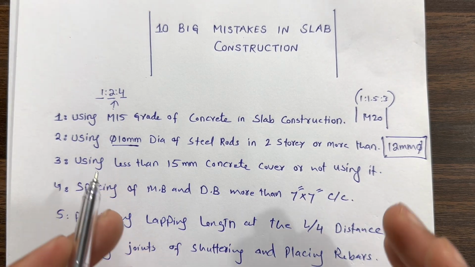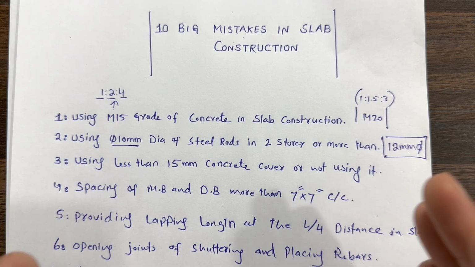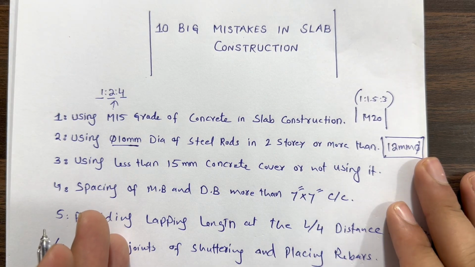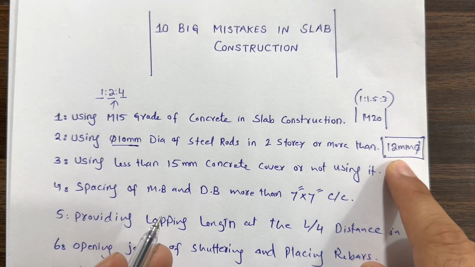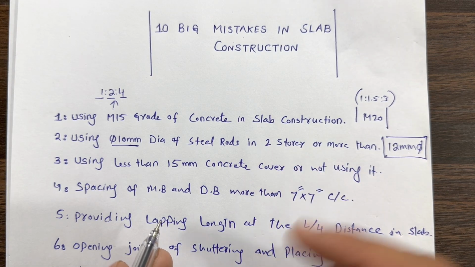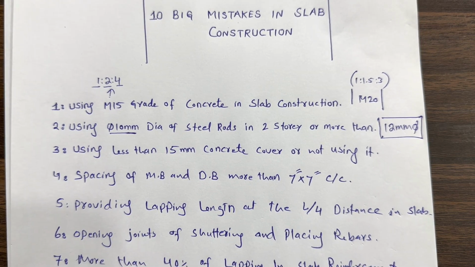When the load comes on top of the slab, it distributes to the beam, and the beam transfers it to the column, and the column transfers it to the foundation or footing. Therefore, use minimum 12 millimeter diameter steel rod if you have a 2-story or more than 2-story RCC slab. This is very important.